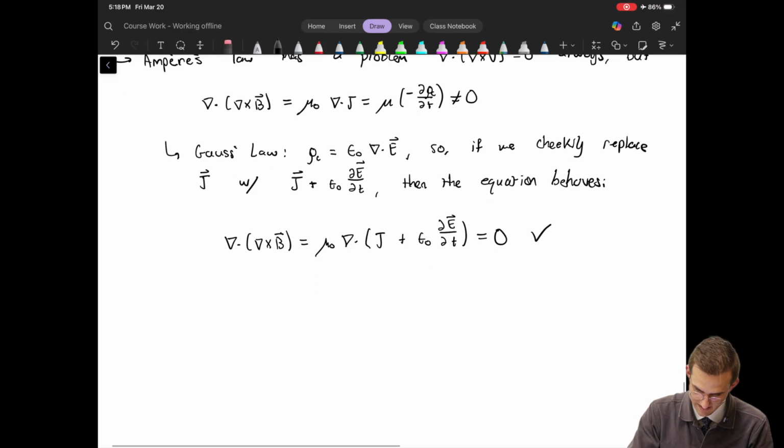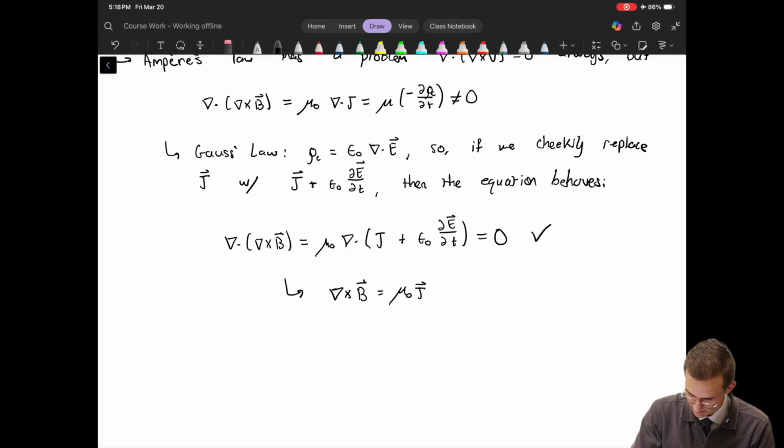So we're doing okay, and now we can write down a revised Ampere's law, which looks like this: the curl of B is equal to mu naught J plus mu naught epsilon naught, which, to be clear, is 1 over c squared, times dE dt.